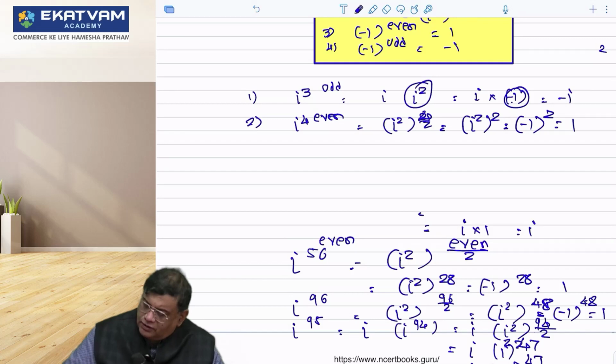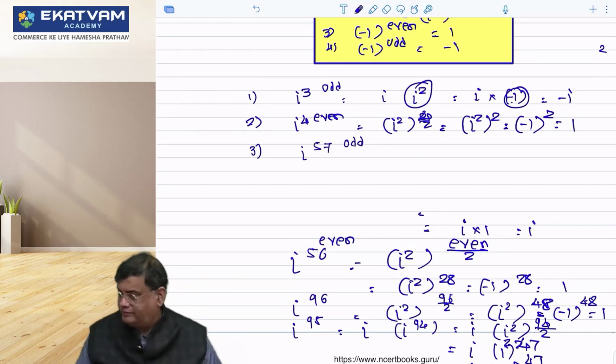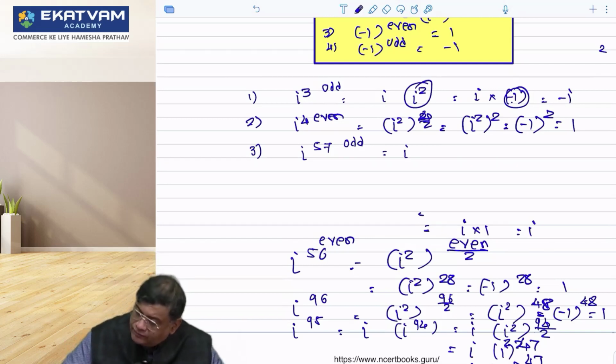Now if I ask you i raised to 57. Now 57 is odd. So tell me, what will you do? i raised to 56, that is i square raised to 56 by 2.